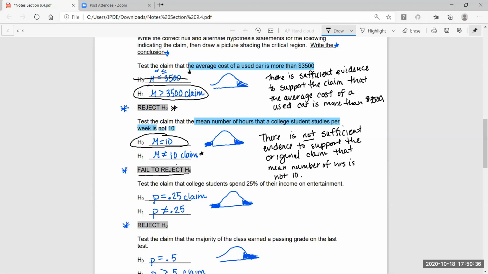We're basically saying it is 10. It would be somewhere in this middle area. It's not significantly different than 10.